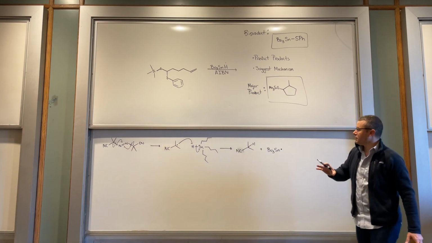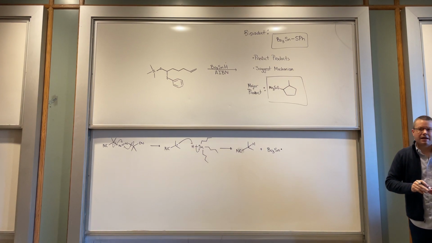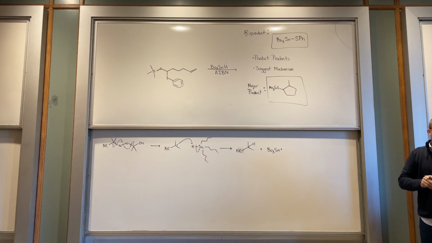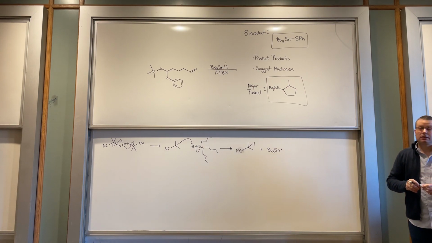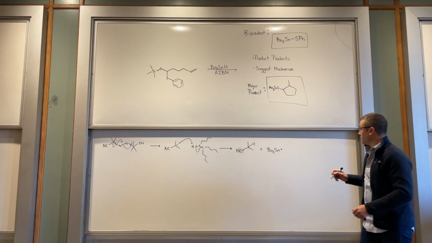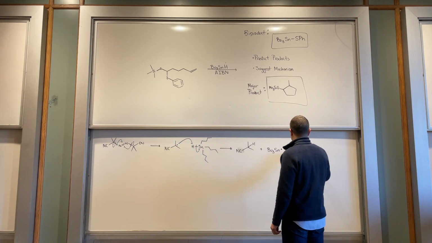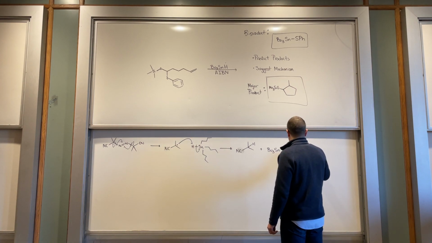Right, so we've seen this type of mechanism before. What's going to happen next? The radical on the tributyltin reacts with the sulfur group in the starting material.